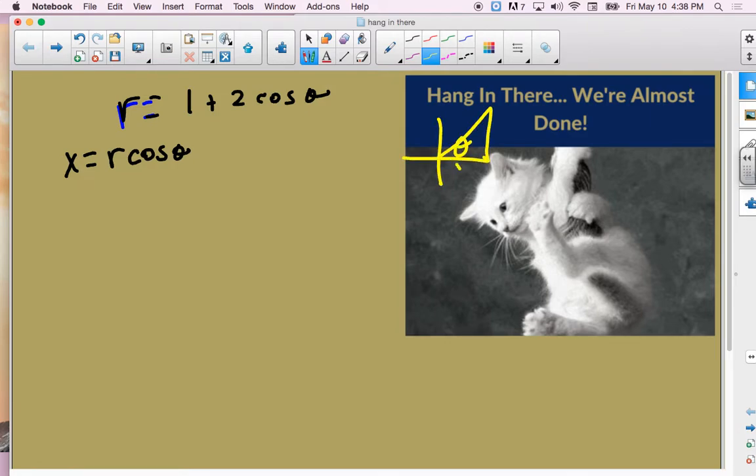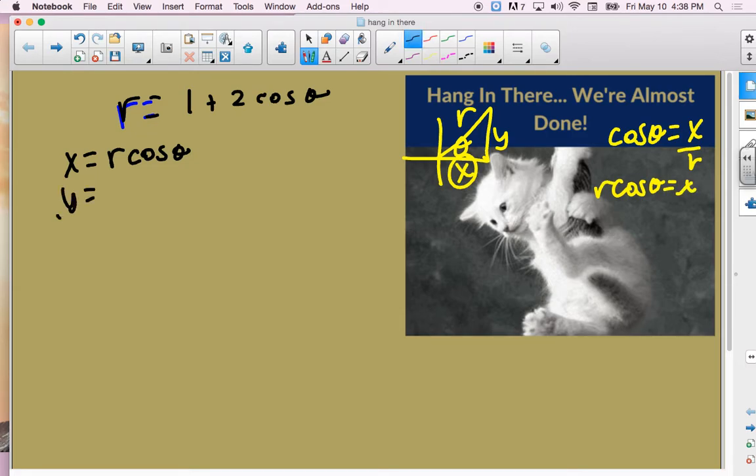This is theta, this is x, y, and r. Cosine of theta is x over r, but we put this r on the other side. So x is always r cosine theta. Go in there armed with that, and y is r sine theta.